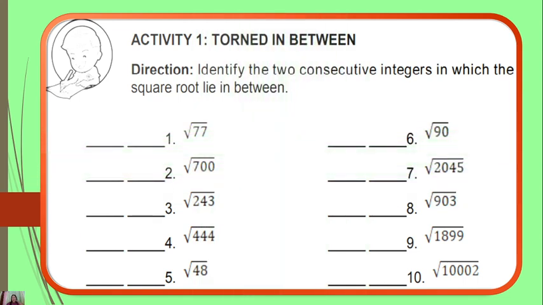Ayan. Kagaya halimbawa dito sa activity number 1 natin, between. Direction. Identify the two consecutive integers in which the square root lies in between. Okay? Let's have a square root of 77. Okay. Balikan natin yung ating table.